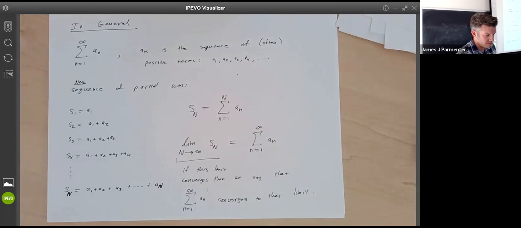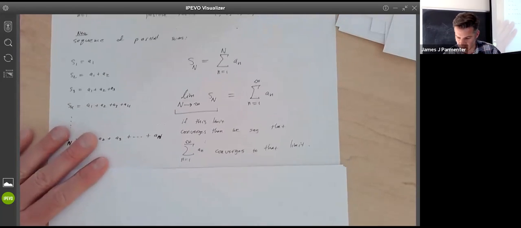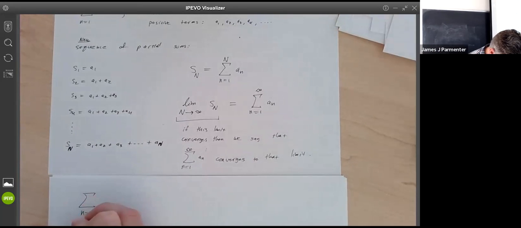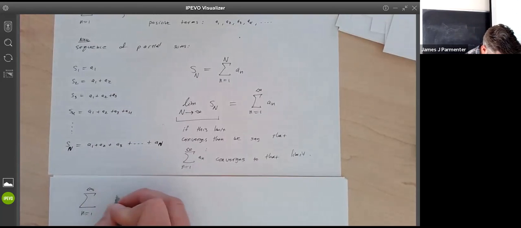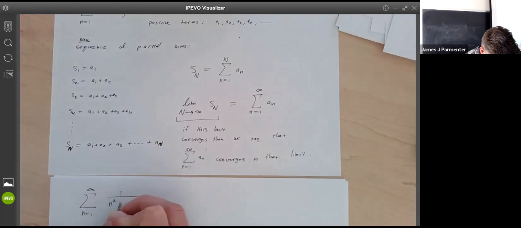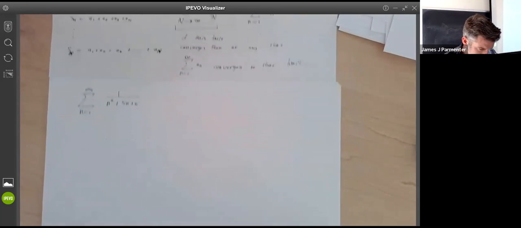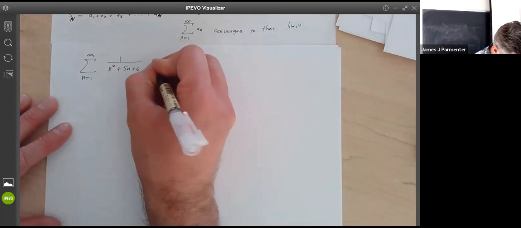Let's look at another one, which I think is a good example. Let's make it a little challenging. It's not too terrible, I promise. So let's look at the infinite sum, 1 over n squared plus 5n plus 6. And let's write out some terms.